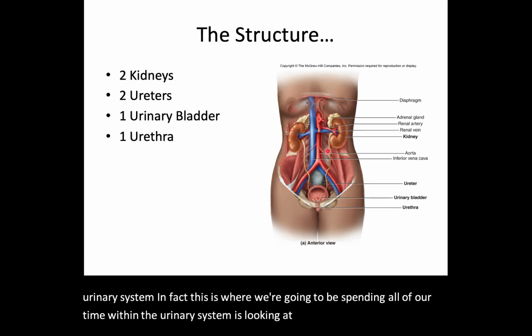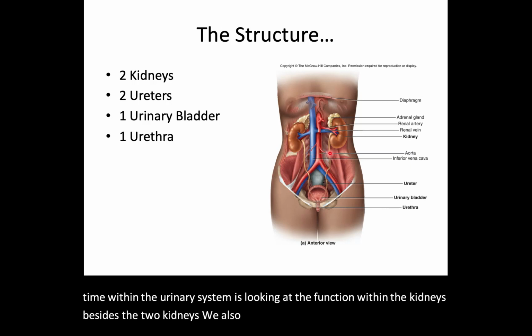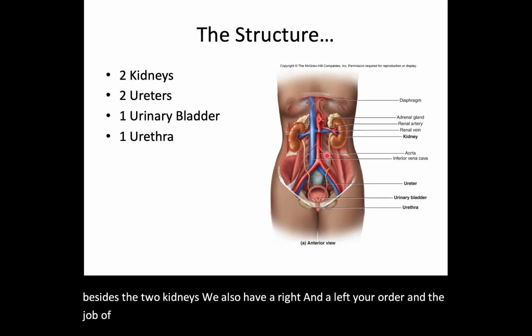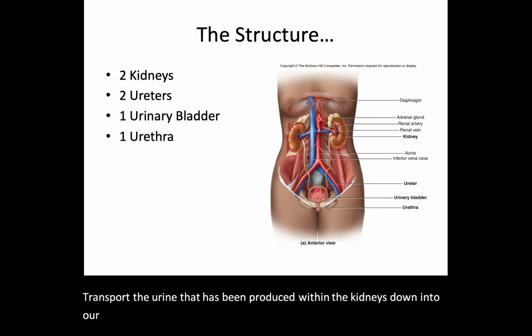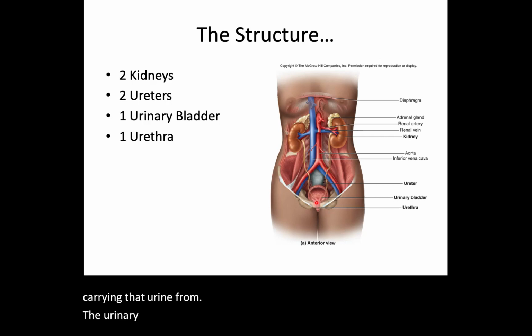Besides the two kidneys, we also have a right and a left ureter. The job of the right and left ureter is to transport the urine that has been produced within the kidneys down into our urinary bladder, for which there is one. The tube that is carrying that urine from the urinary bladder to the outside world is, of course, the urethra.